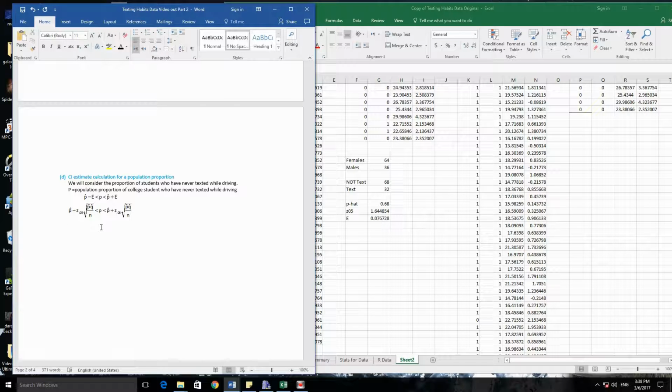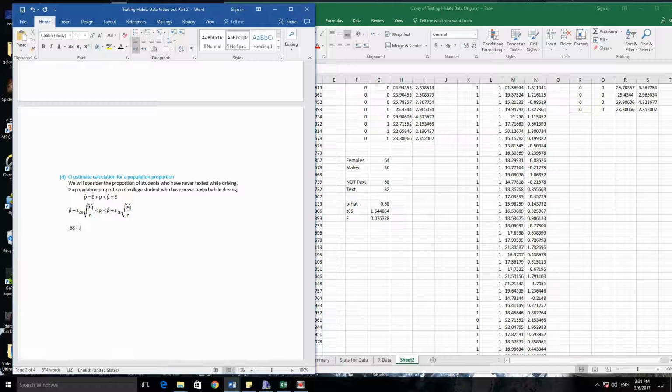So anyway, P hat is 0.68. And I don't want that in blue, I want it in black. So I'm going to fix that right away because that's going to annoy me. And then minus the margin of error. So, in fact, I want a space there. So minus the margin of error.